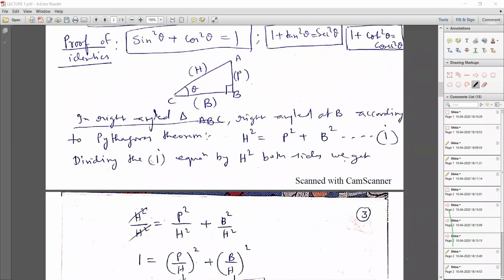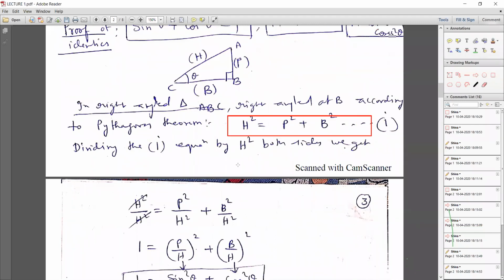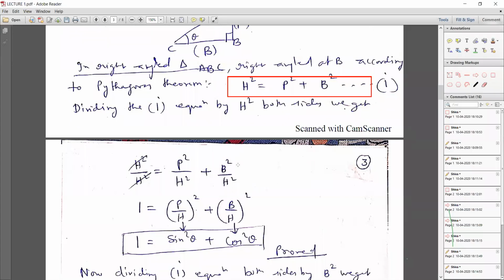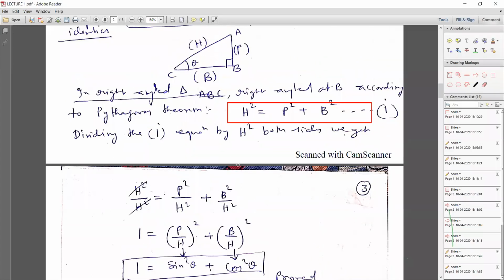H square, that is hypotenuse square, is equal to perpendicular square plus base square, because I have represented the side AB as P, as it is opposite to angle theta, and BC as B, because it is adjacent to marked angle theta.